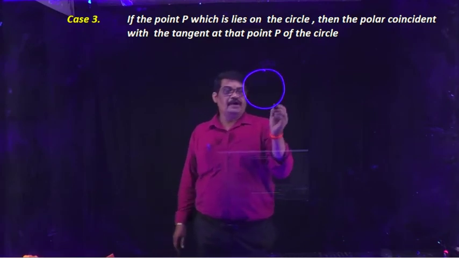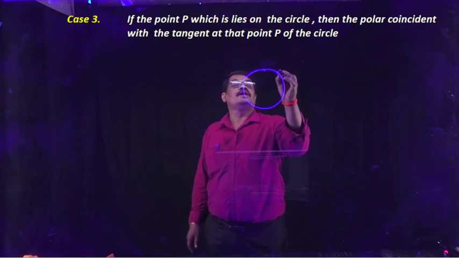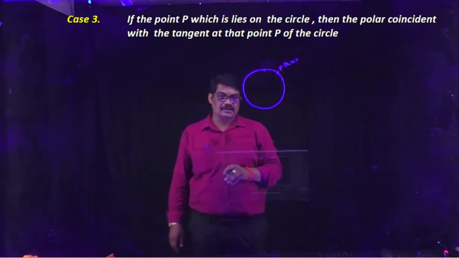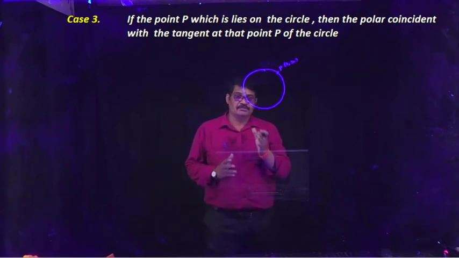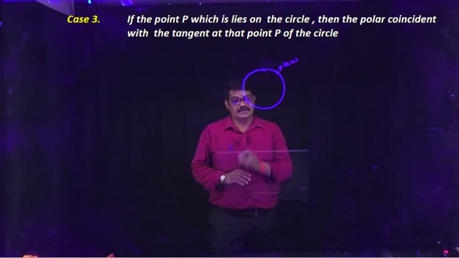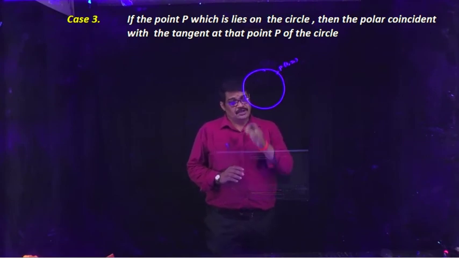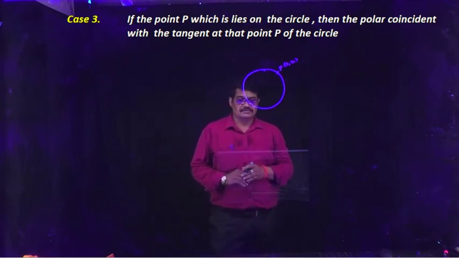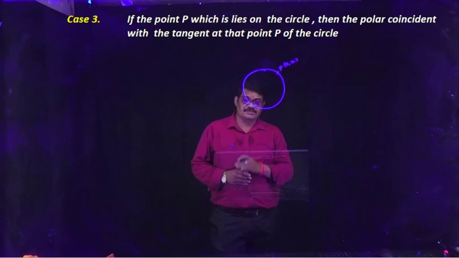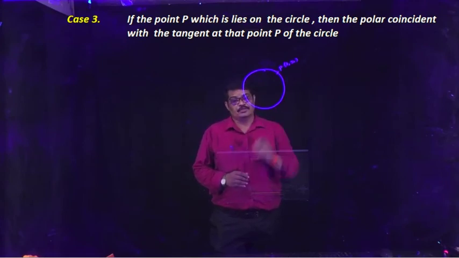Now, if the point P is x1, y1 lying on the circle, what is the definition of the polar? Draw the secants. They meet the circle at some points. The tangents at their points of intersection give the locus. That locus forms a polar.